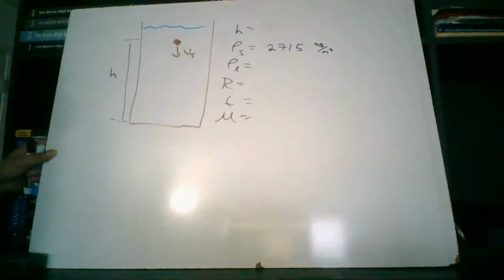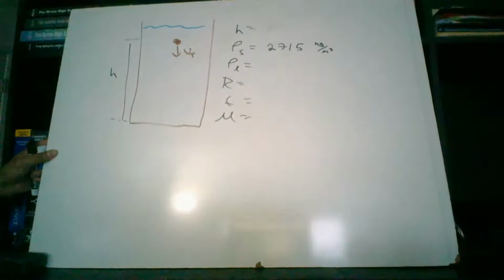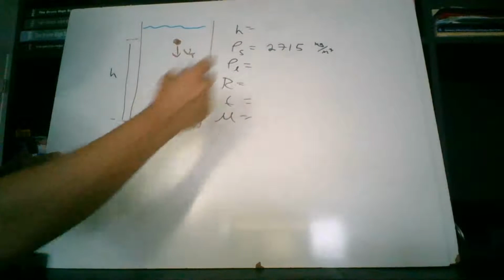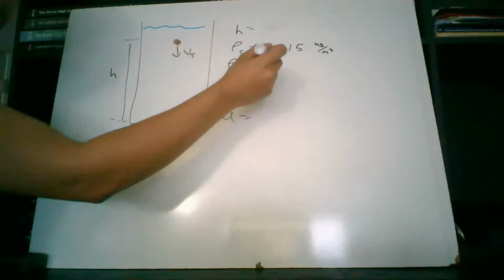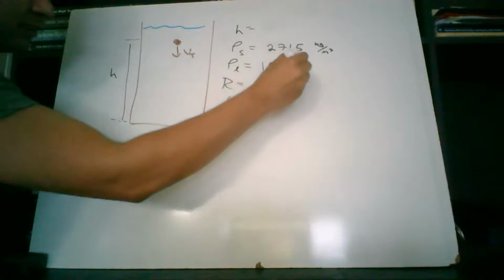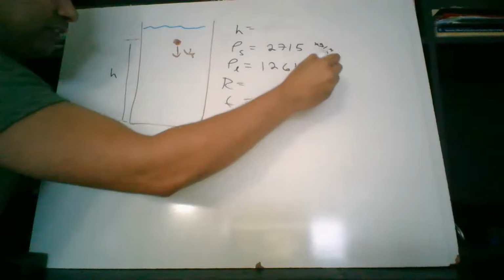And the density of the liquid, we'll say, is glycerin, and that's equal to 1,261 kilograms per meter cubed.